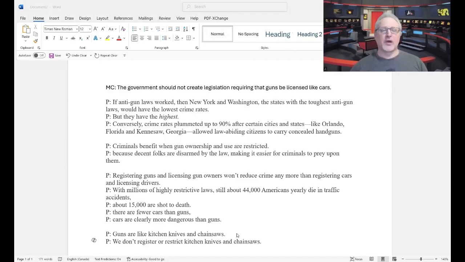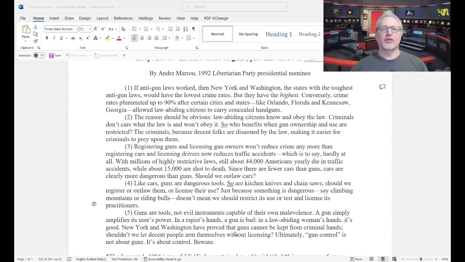And because we think that the argument might be organized according to one subordinate argument per paragraph, I have grouped the premises according to paragraph with breaks in between where the different paragraphs were. Let's go back to the original text and I'll show you some of my thinking.